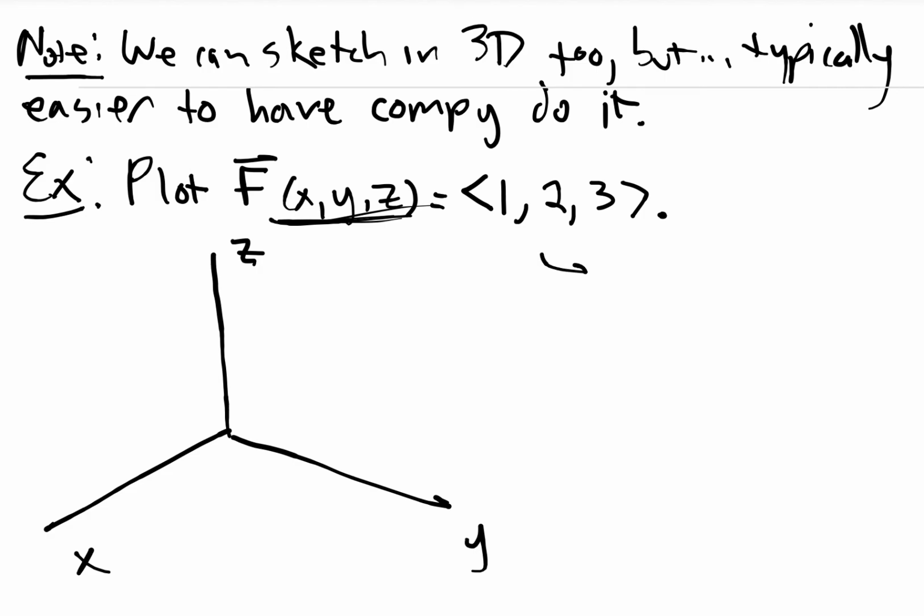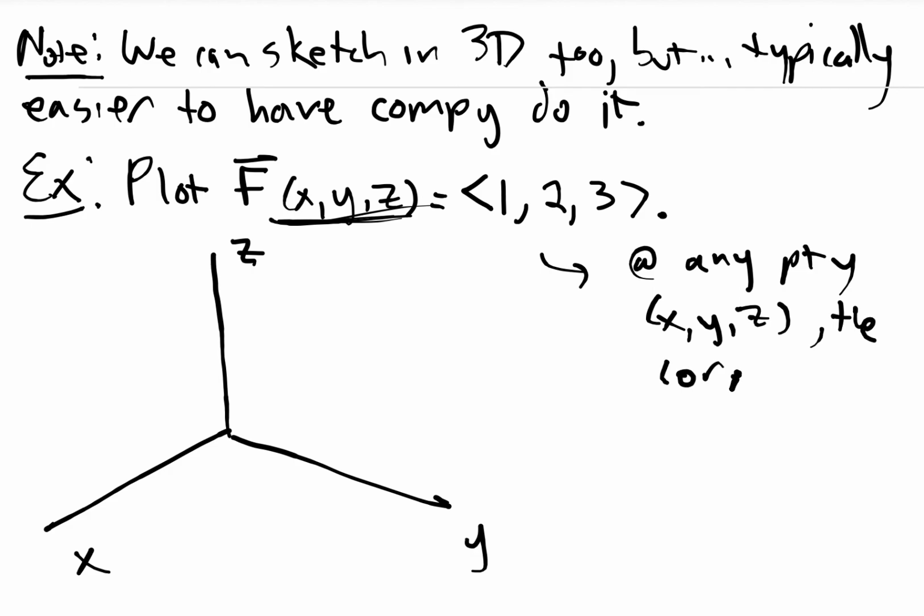So at any point (x, y, z), the corresponding vector is this (1, 2, 3) vector.